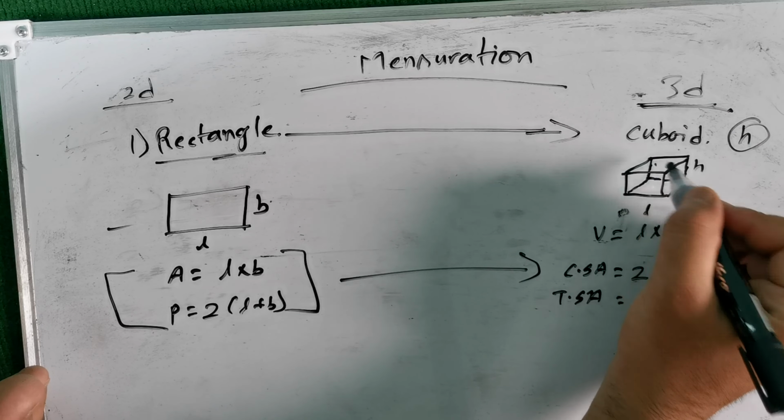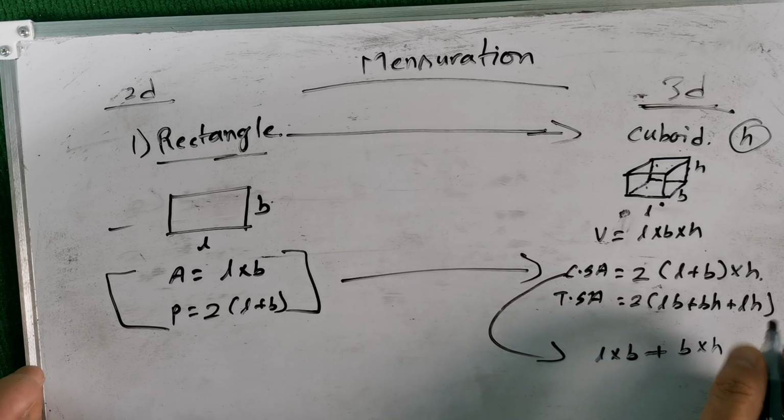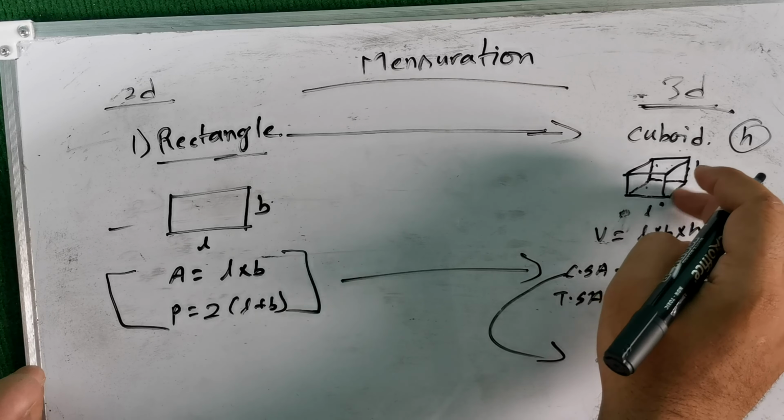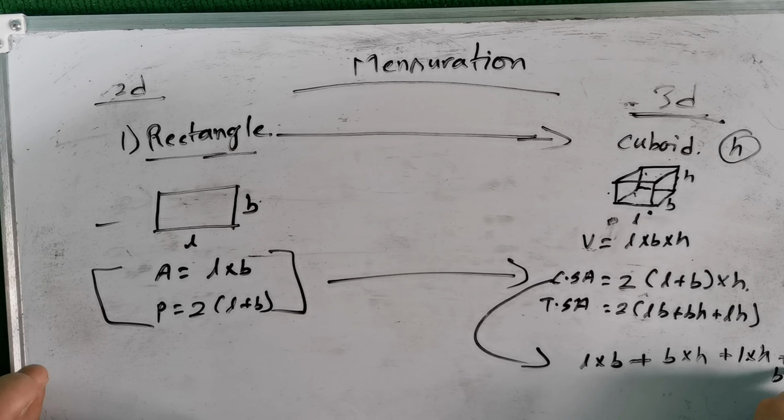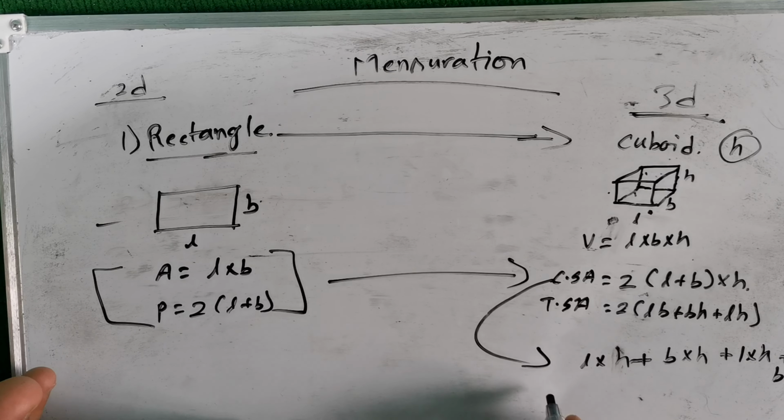That means L into B plus L into B, and B into H, am I right? And L into H plus L into H. Here B into H, B into H. Here L into H, am I right?